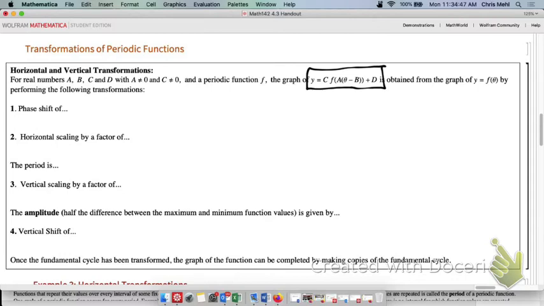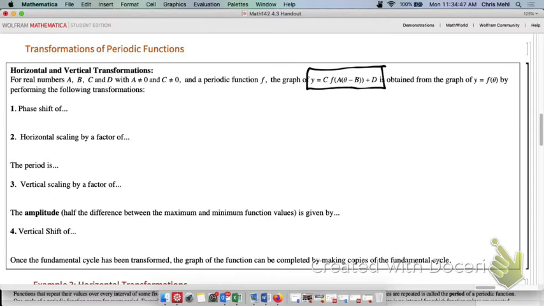If your original cycle started at 0, capital B tells you to shift that cycle right or left, so it tells you where you would start the cycle in the transformed function. Capital C is a vertical stretch or compression. On the graph of sine and cosine, the highest point is 1 and the lowest point is negative 1, so capital C stretches you away from the middle value of 0. And finally, capital D is just a vertical shift.